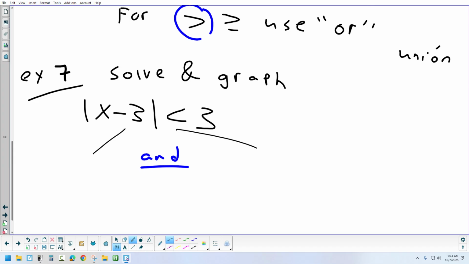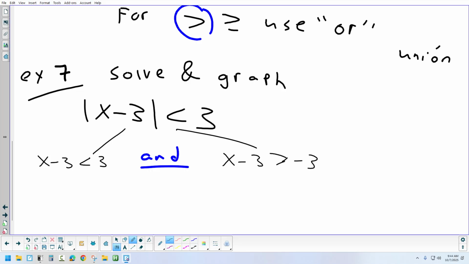What would be the first problem I split this into? X minus 3 is less than 3. And what would be the second problem? Yep, perfect. Flip the sign and made the other number negative. Okay, to solve the one on the left, how do we get the x by itself?